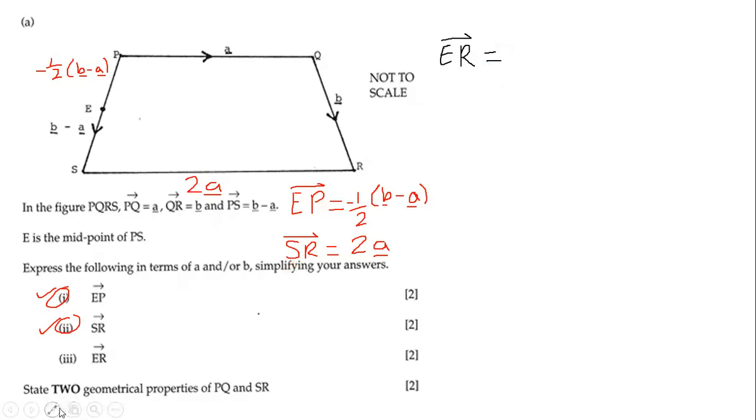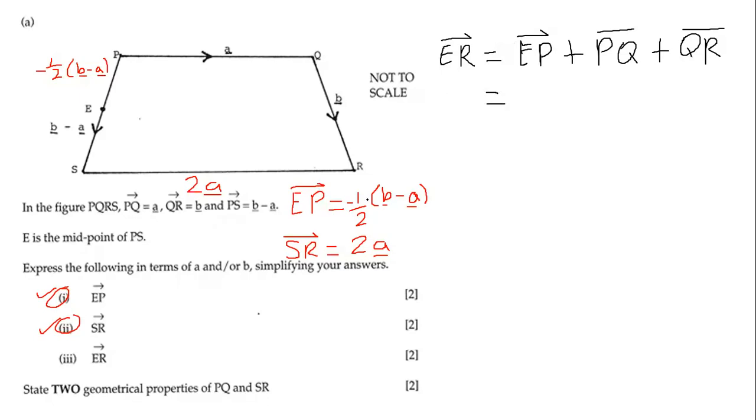All right, so what is ER? Let's move in this direction first. ER is going to be EP plus PQ plus QR. And so, what is the vector EP?